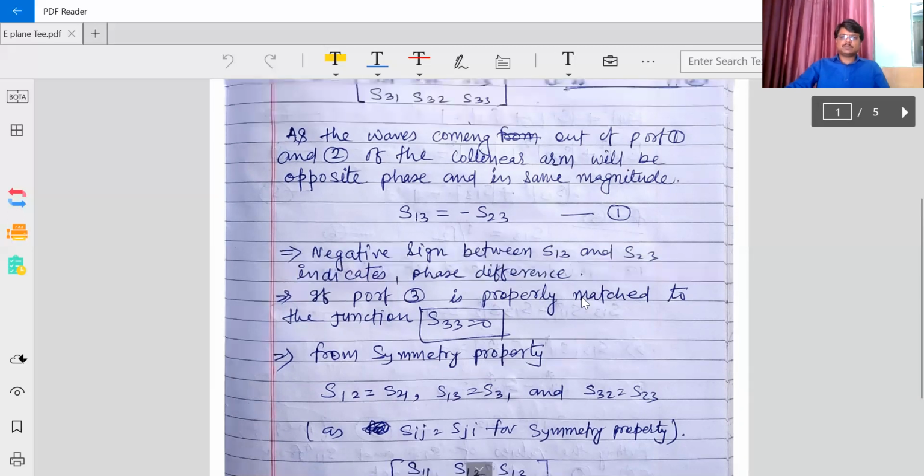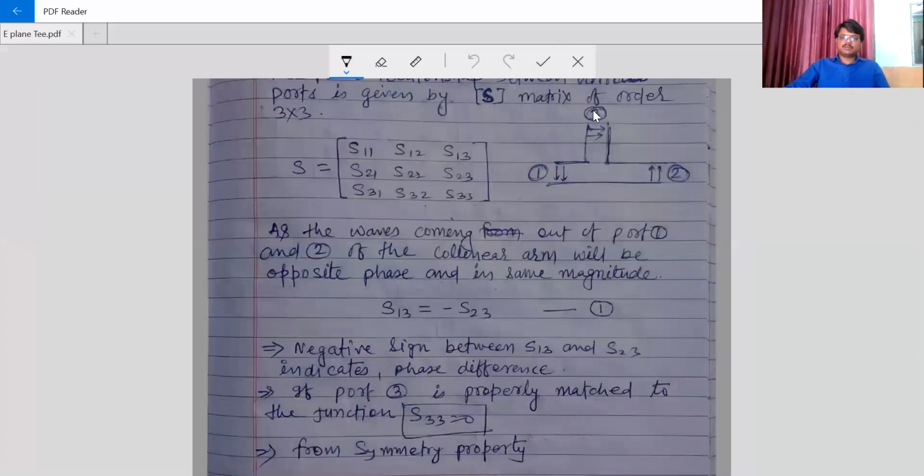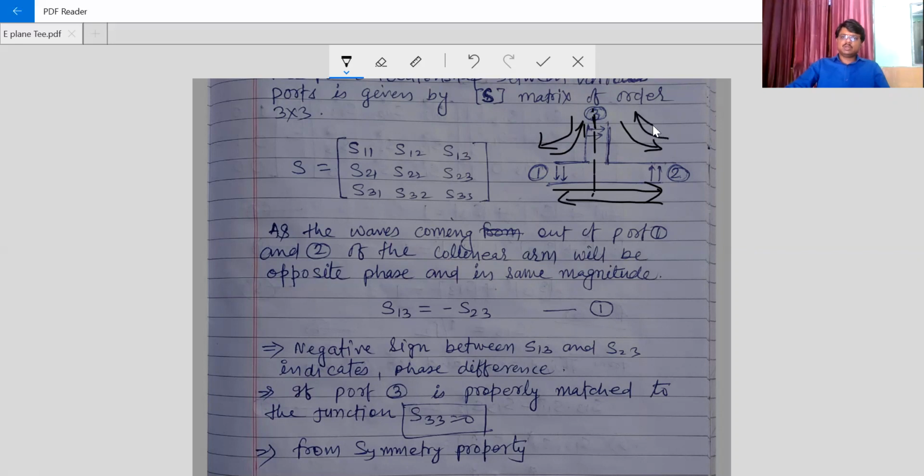Now, this is symmetric. If we draw a line from here to here, it is symmetric. Okay. So S12 and S21 will be equal. S13 and S31 will be equal. Likewise, S32 and S23 will be equal.